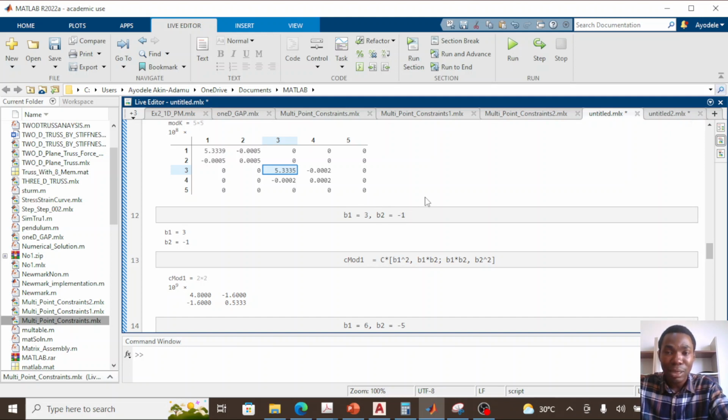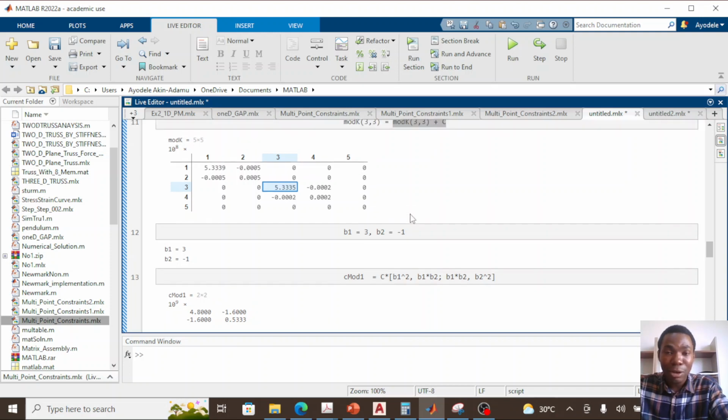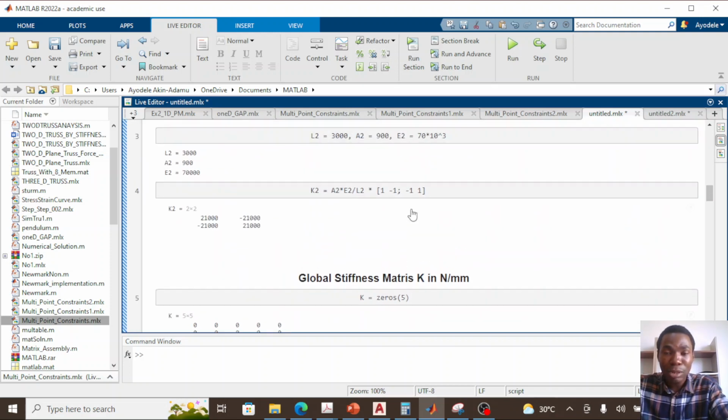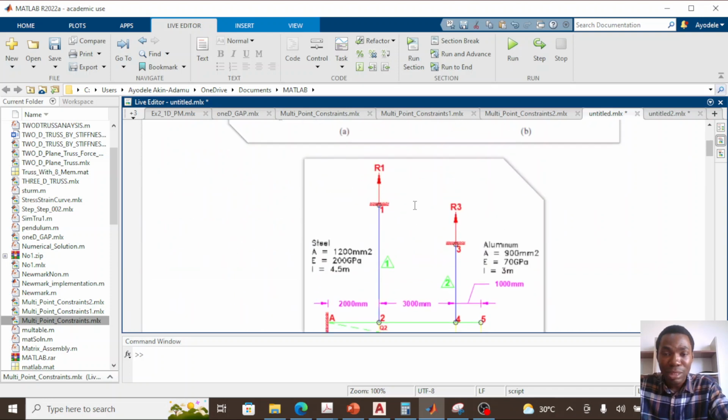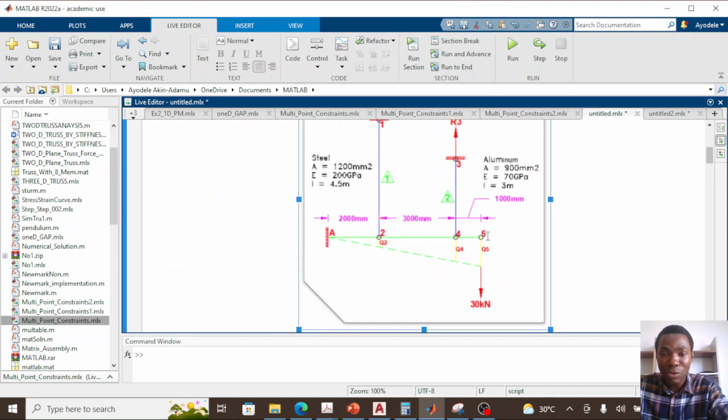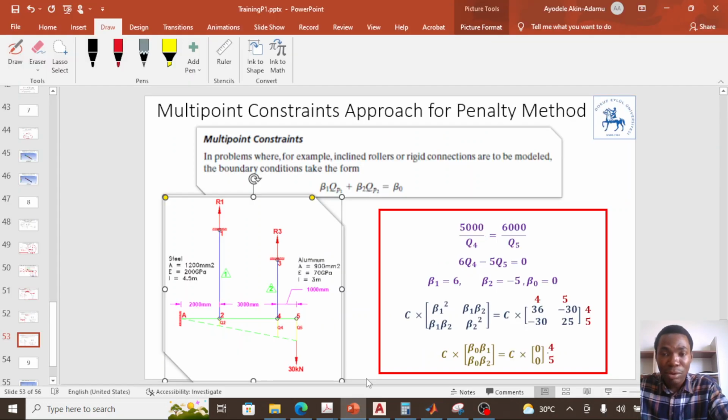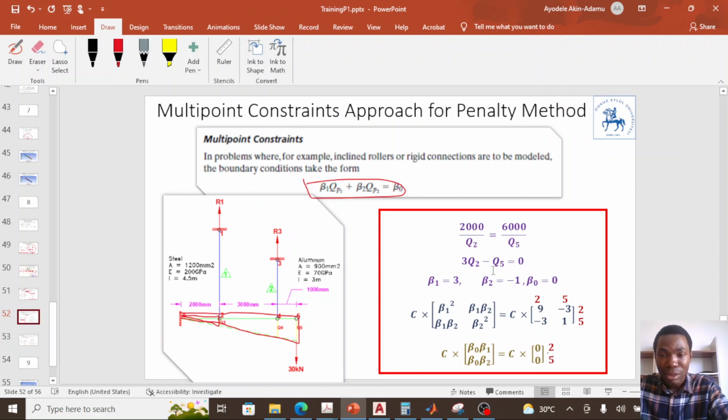In my PowerPoint, the multipoint constraint equation that affects Q2 and Q5 is given by this equation, 3Q2 minus Q5 equals 0. So it means our beta 1 equals 3, our beta 2 equals minus 1, and our beta 0 equals 0.